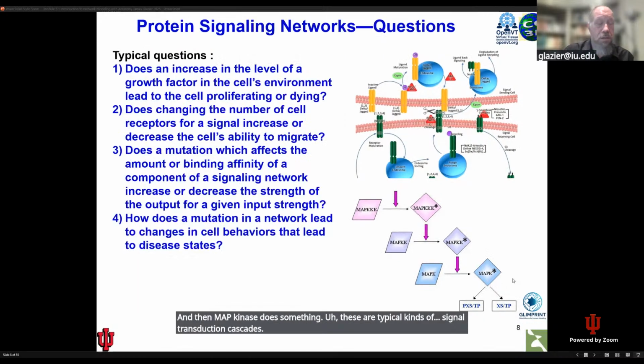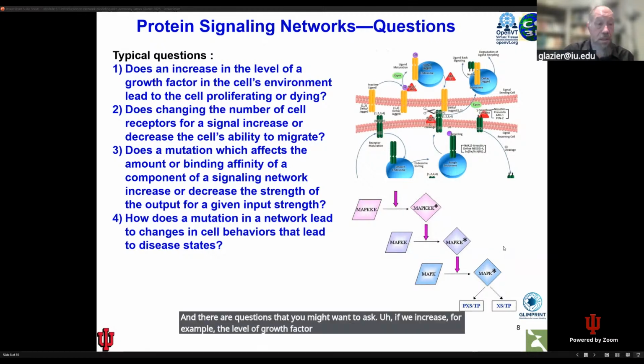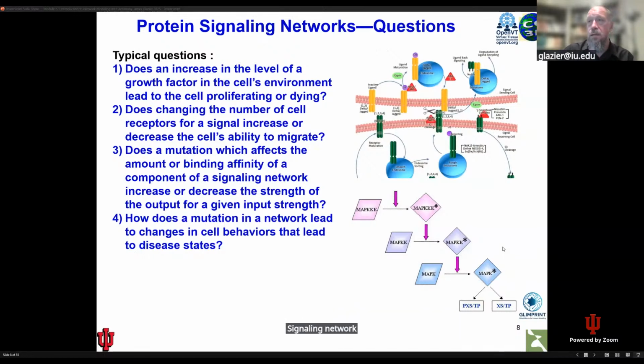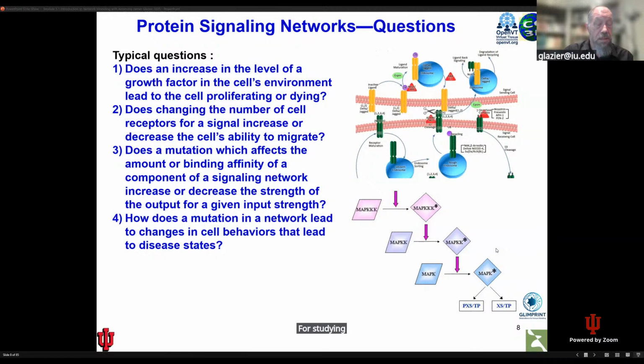And there are questions that you might want to ask. If we increase, for example, the level of growth factor in the cell's environment, does the cell proliferate or die? That's a signaling network question. Does changing the number of cell receptors for signal increase or decrease the cell's ability to migrate? For studying cancer metastasis, that's a typical question.